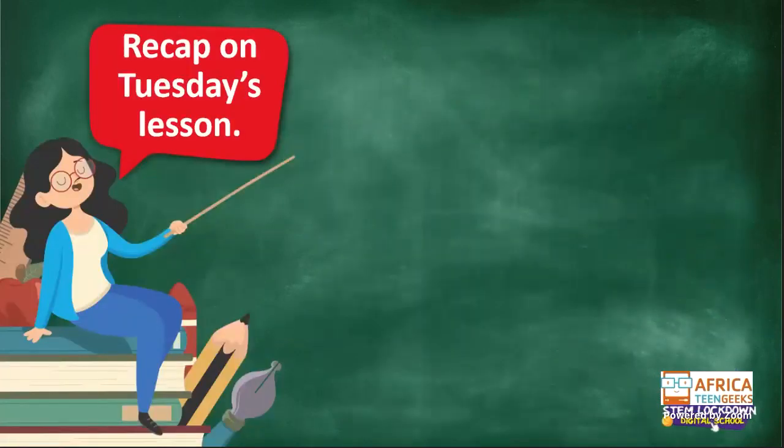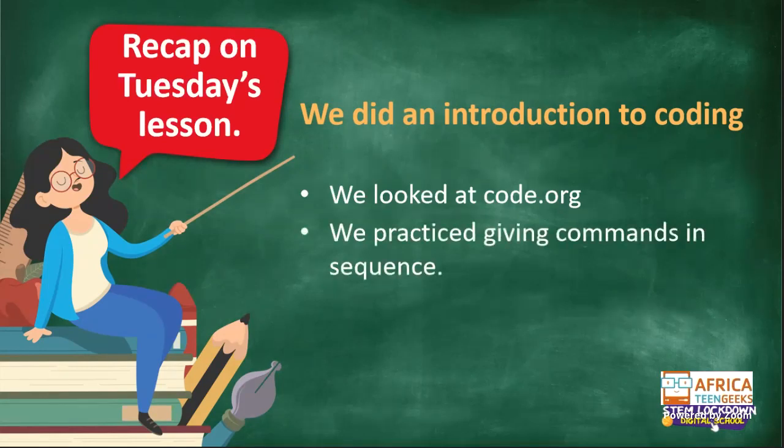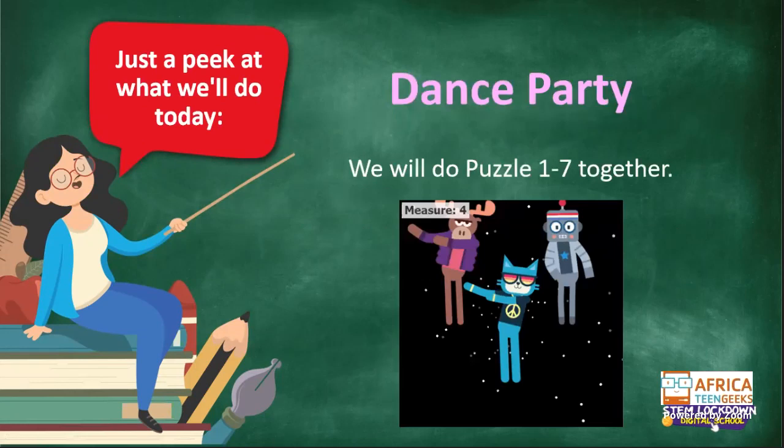So let's quickly recap what we did yesterday. We did an introduction to coding. We looked at code.org. We played around a bit there. And we practiced giving commands in sequence. Today we will look at our platform.